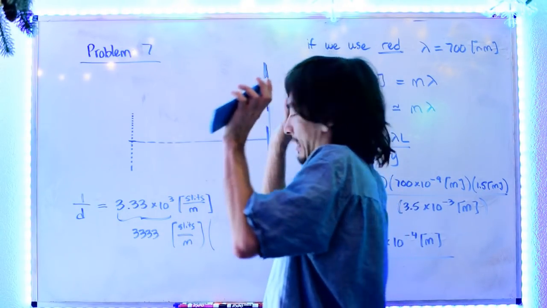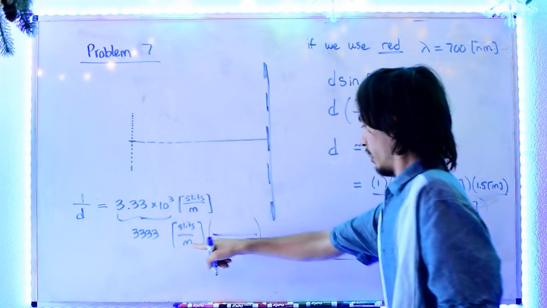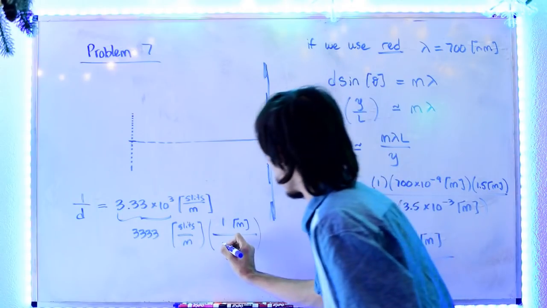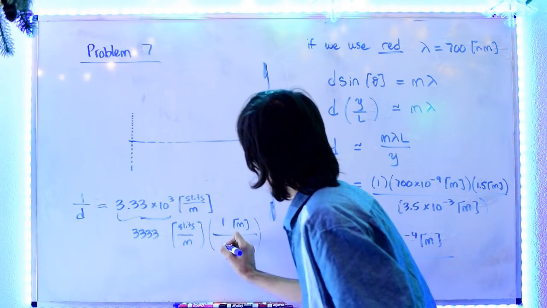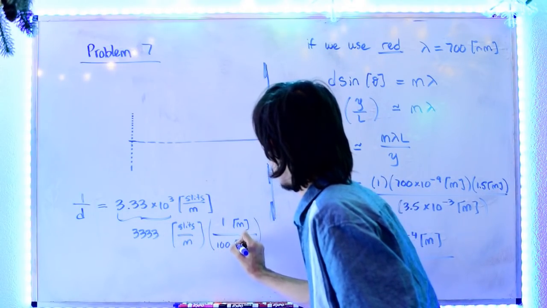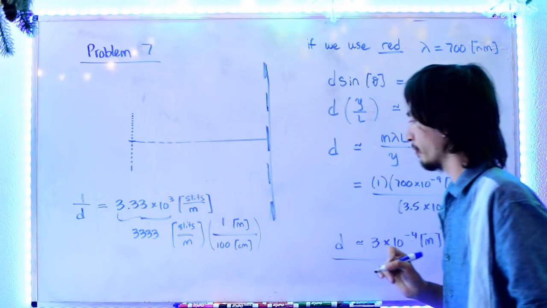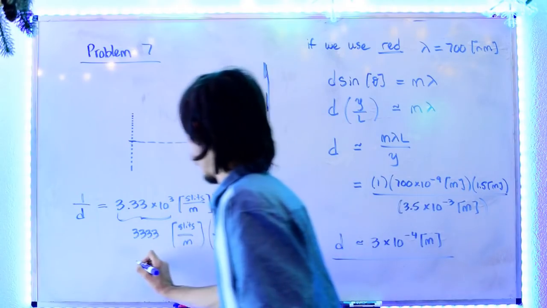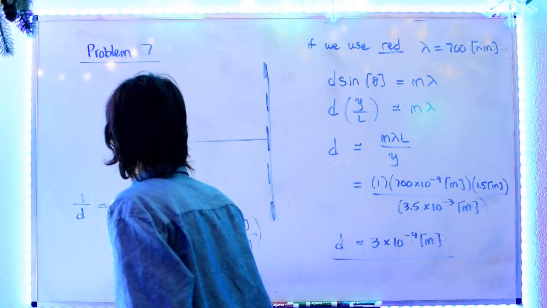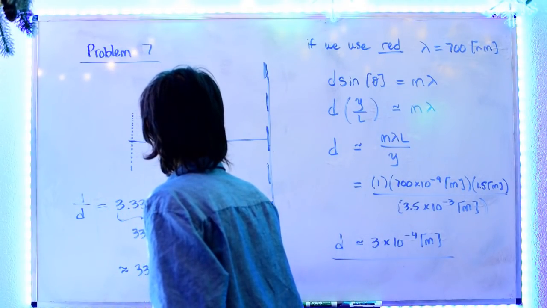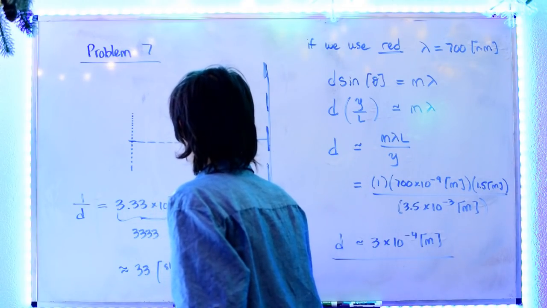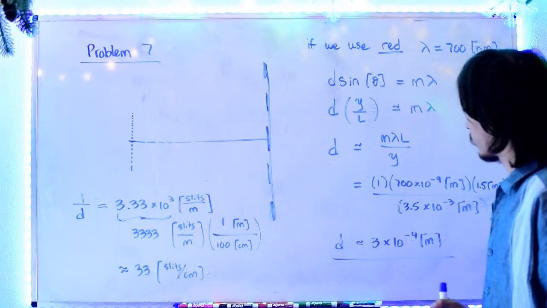So, meters on top, per 100 centimeters. So for this, we divide by 100. We get that it's approximately 33 slits per centimeter. Let me double check my math here.